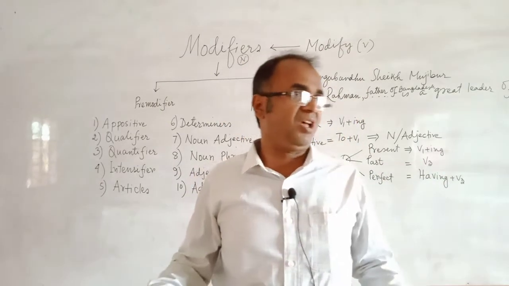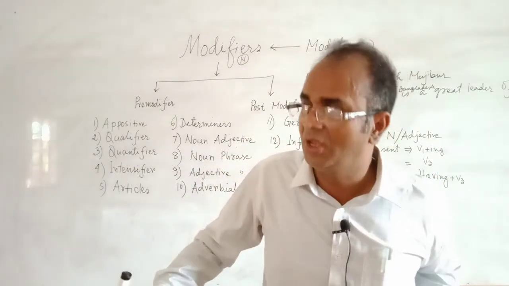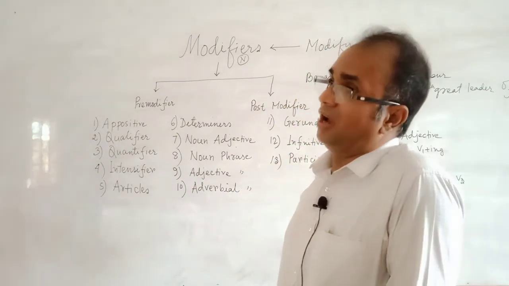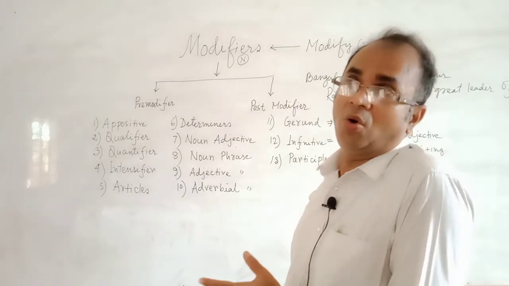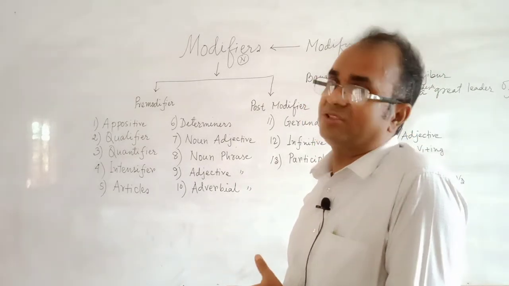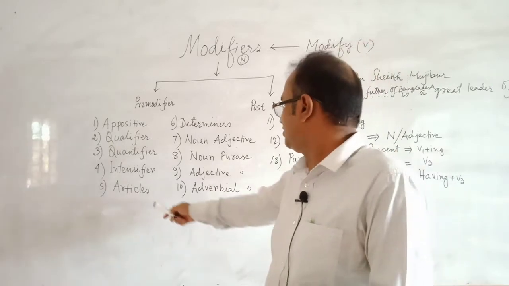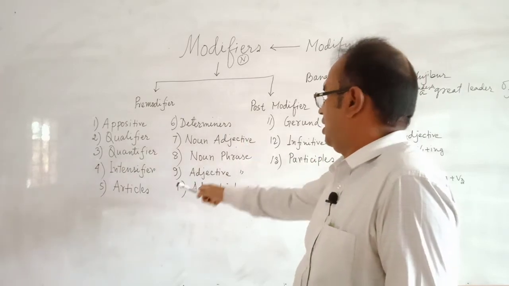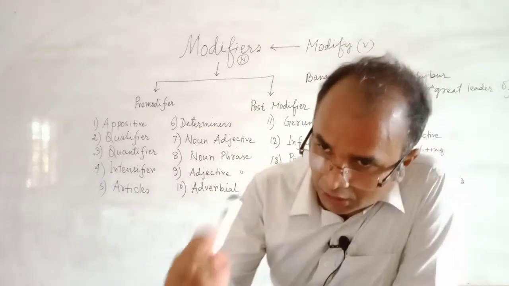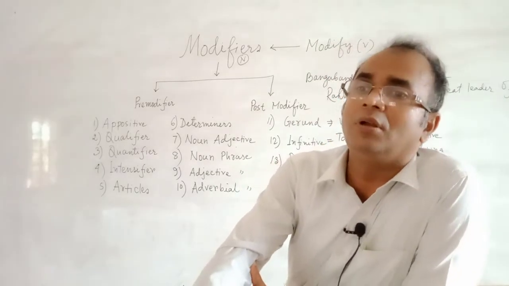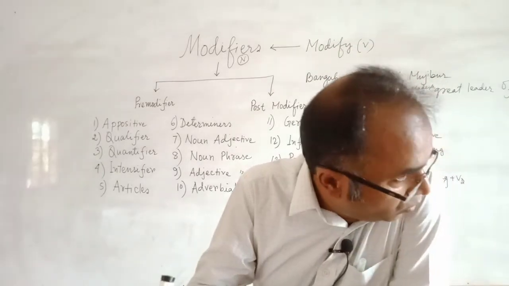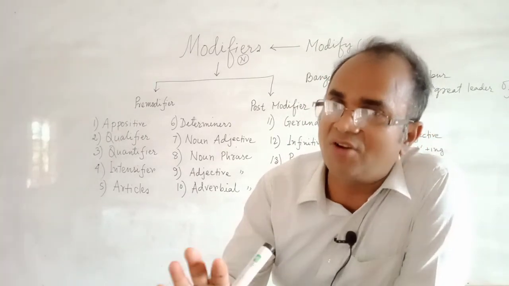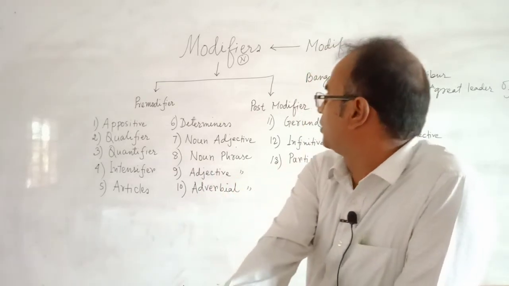Every article is actually a determiner, but there are some determiners in the grammar which will be explained in the next class. Articles and determiners are very common in the exam. In every exam, you will observe that these terms are very common.